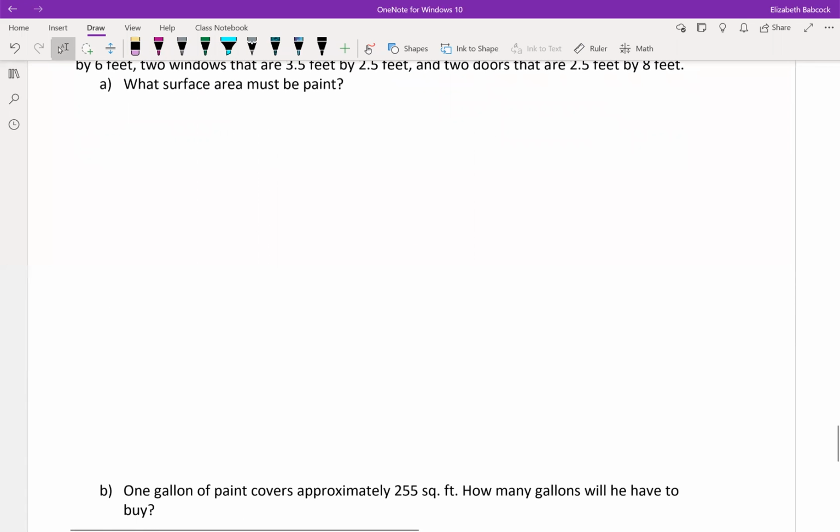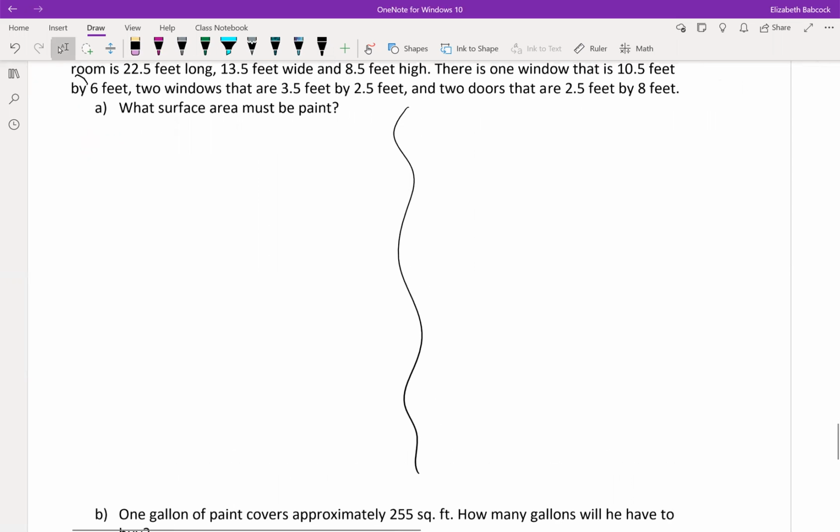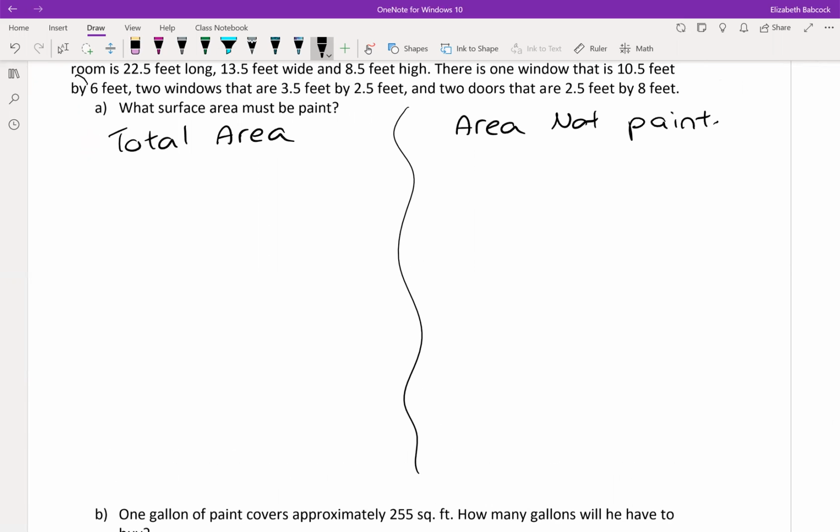So what I'm going to do with this one is I'm going to split it. Okay, so this is area painted, total area. And then this is area not painted. For example, the area not painted is like the windows, the doors.